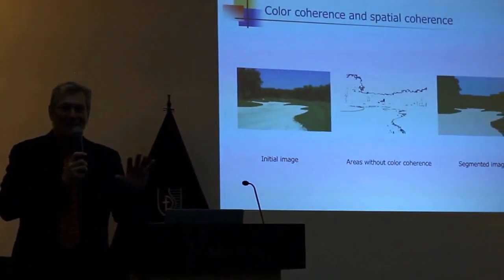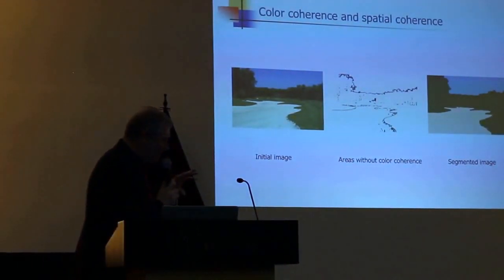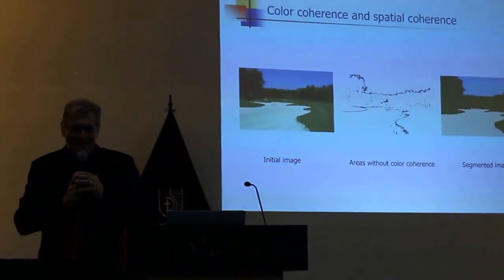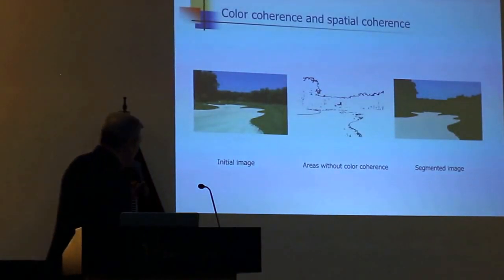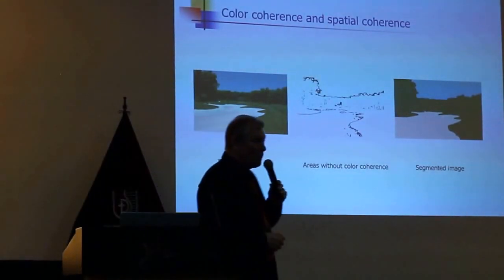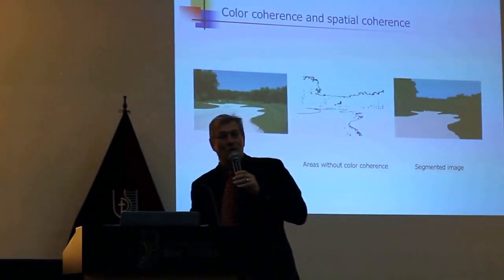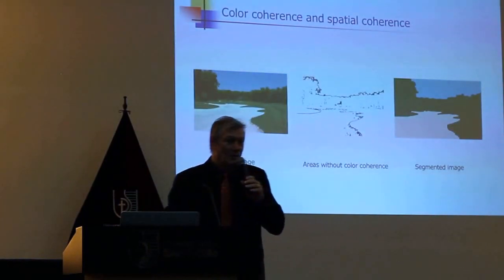You remember? So now we can use what we call the area coherence, and for that there is a very classical way to do it by using what we call mathematical morphology, for example, dilation and erosion, that give opening and closing and so on.